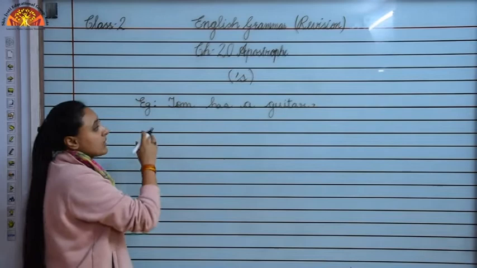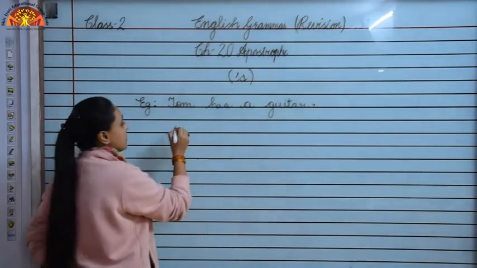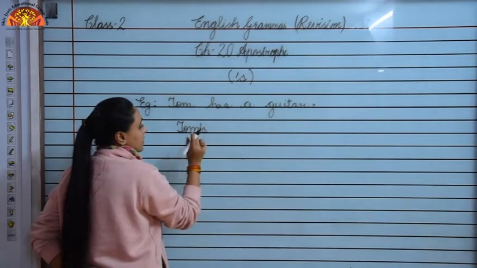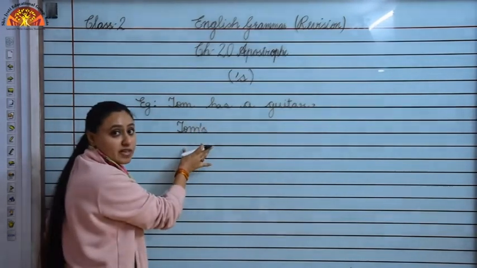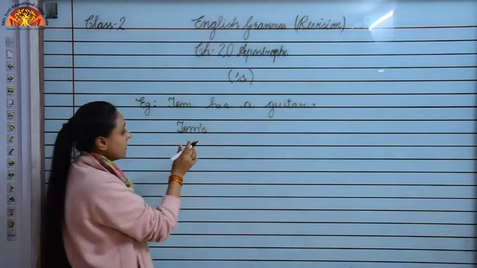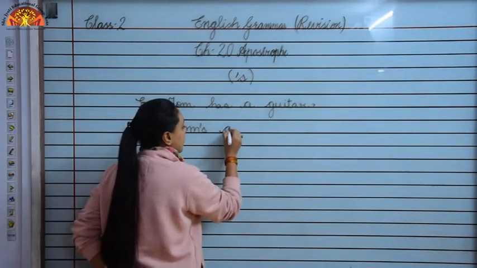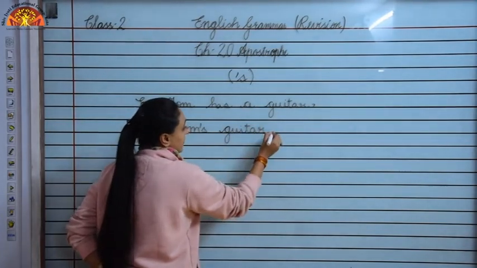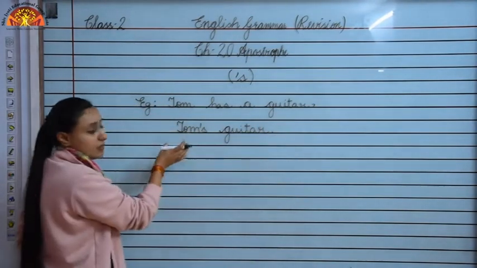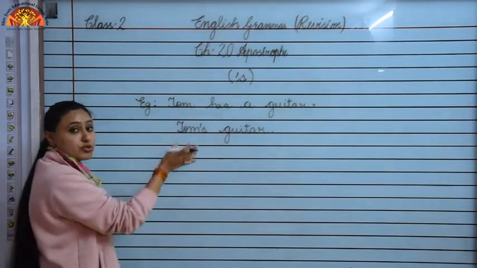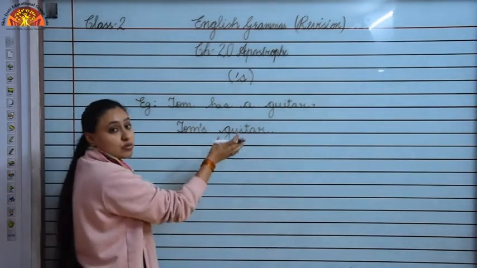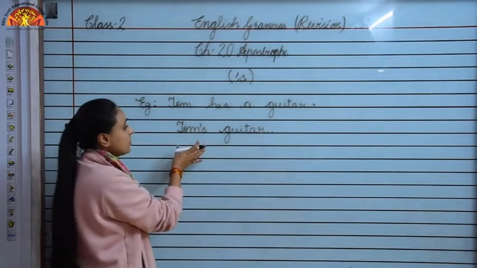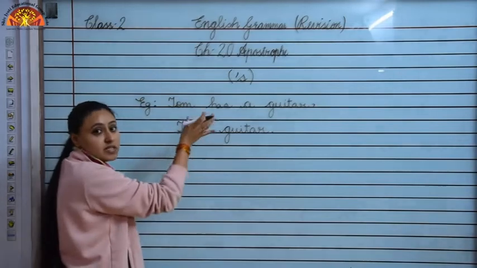So here we can write it as Tom's, Tom with apostrophe s to show belongingness. Tom's guitar. Is it clear to you children? We can write the name of a person with apostrophe s to show belongingness to an object, and here the object is guitar. So the sentence will be Tom's guitar.